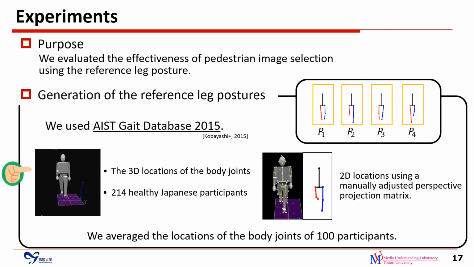The database consists of 214 healthy Japanese participants. We obtained 2D locations using a manually adjusted perspective projection matrix. We averaged the locations of the body joints of each participant during one gait cycle, using 100 participants randomly selected from the database.